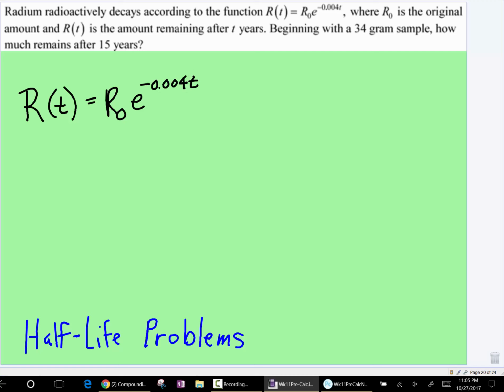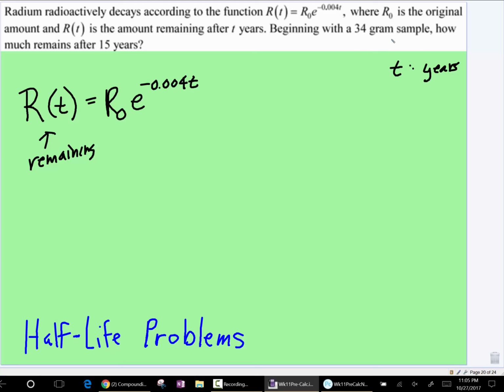R sub 0 is the original amount. R of t is the amount remaining. So this is the remaining amount. That's the half-life, after t in years. So t is in years.